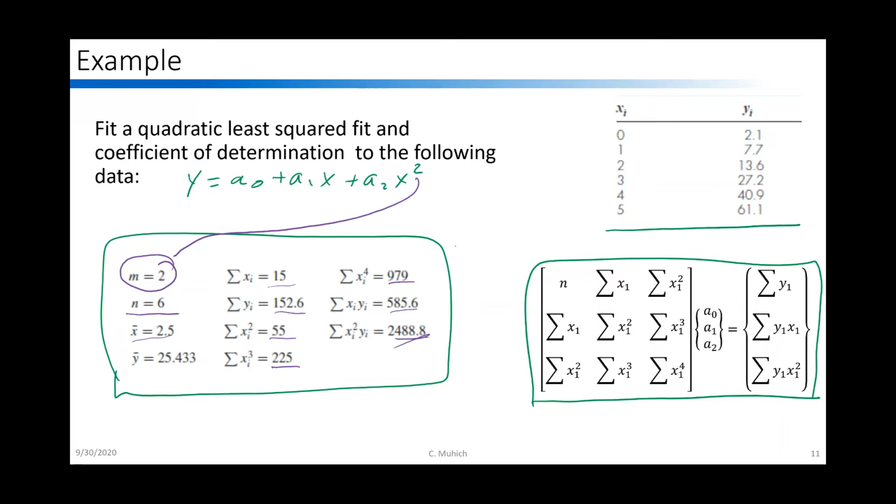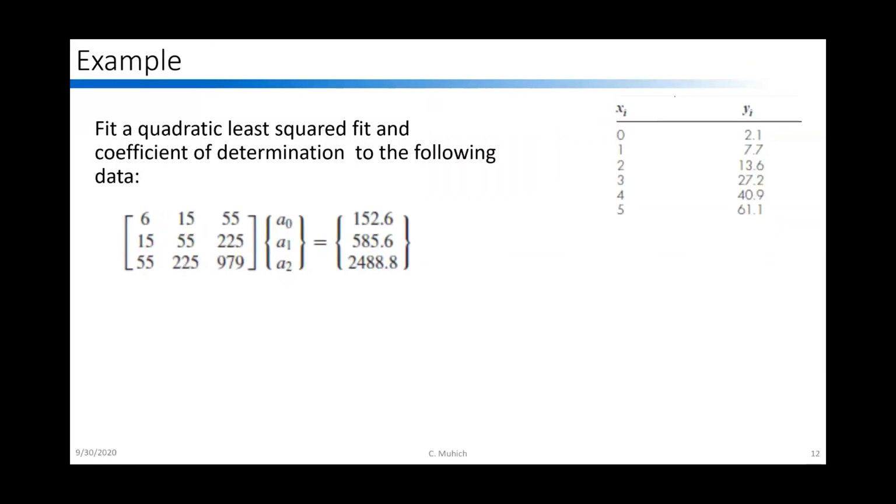So now we just need to take this information and put it into this format. I've gone ahead and done that on the next slide. So here we have all that data that was entered in tabular form into our matrix.